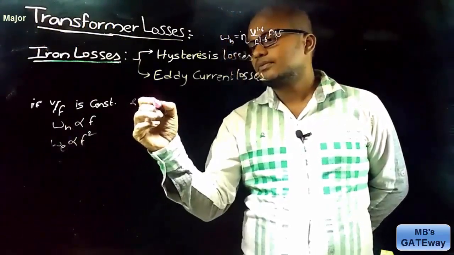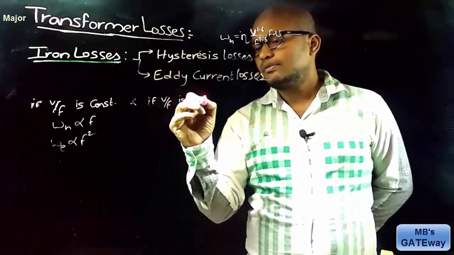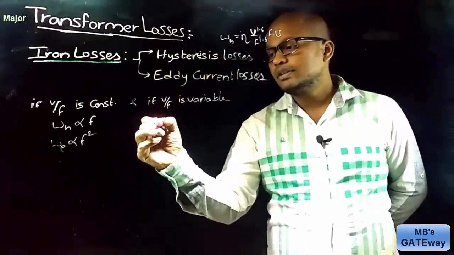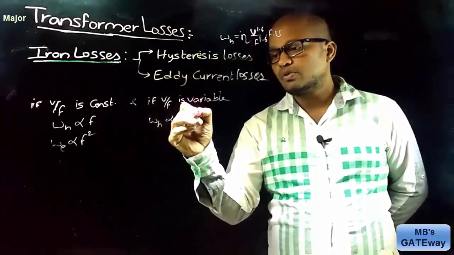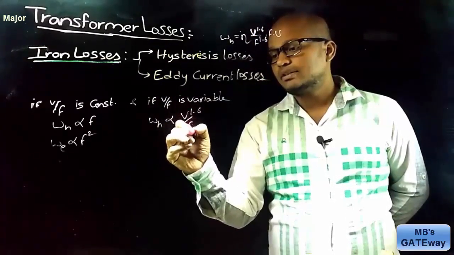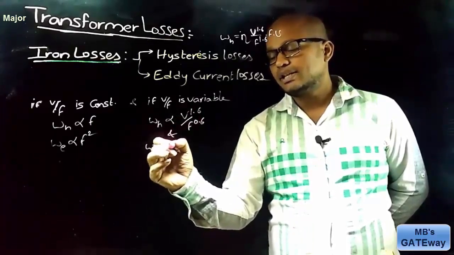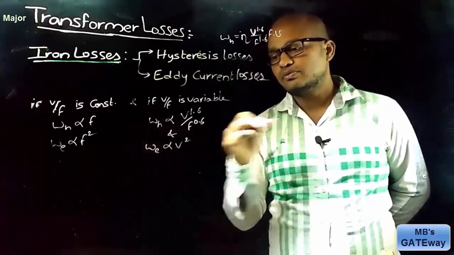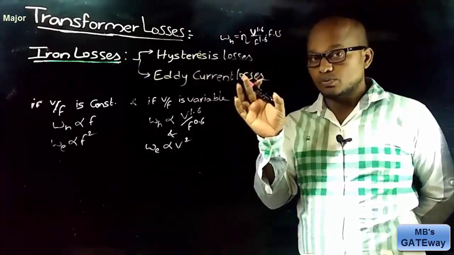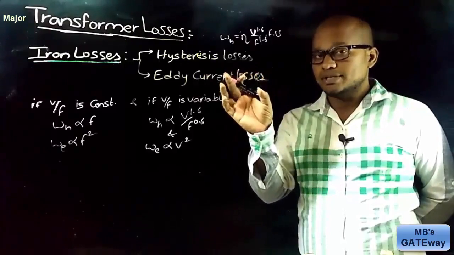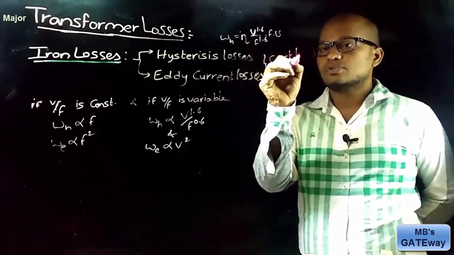And if the V by F ratio is variable, then hysteresis loss is directly proportional to V power 1.6 by F power 0.6, and eddy current loss is directly proportional to V square. And as these hysteresis losses and eddy current losses depend on the input voltage, so as the input voltage is maintained constant, these losses come under constant losses.